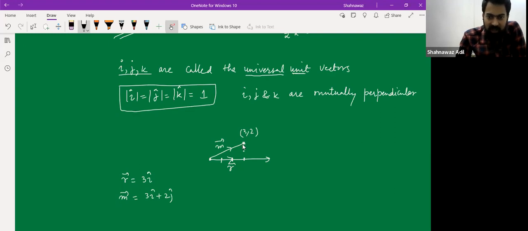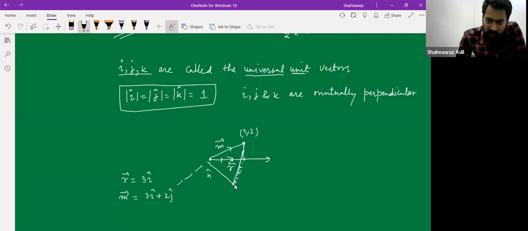And let's say this moves in the z direction. How much distance? 4 distance, right? So 1, 2, 3, 4. So this much, this direction. So this is, let's say, the n vector.